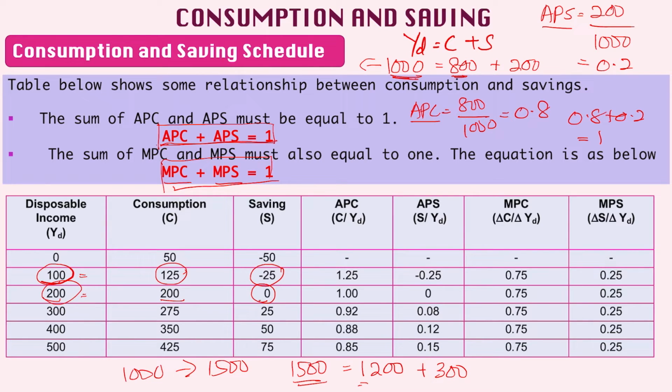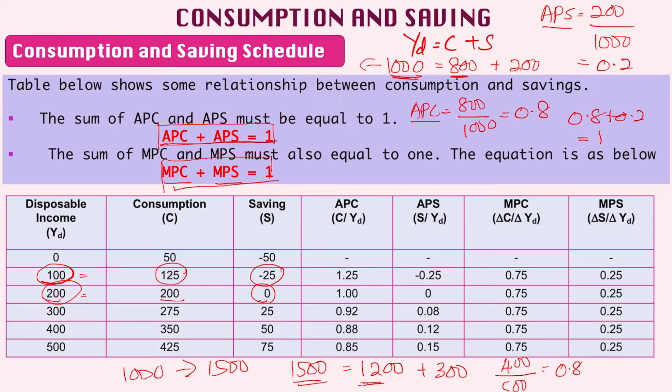When your income increases, what is the ratio of the increase in consumption? From 800 to 1,200 there is an increase of 400, divided by the income increase of 500, so you get 0.8.